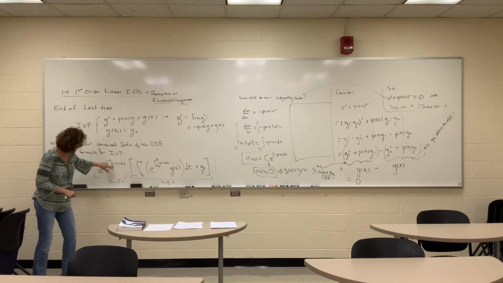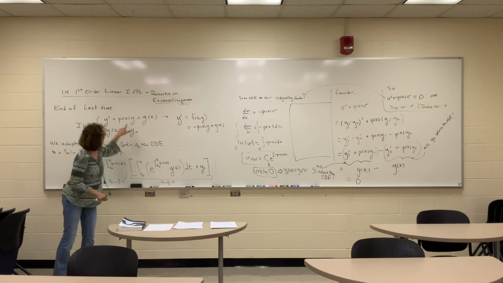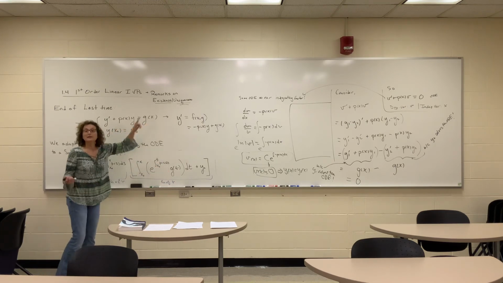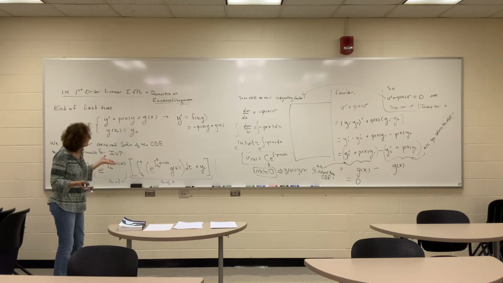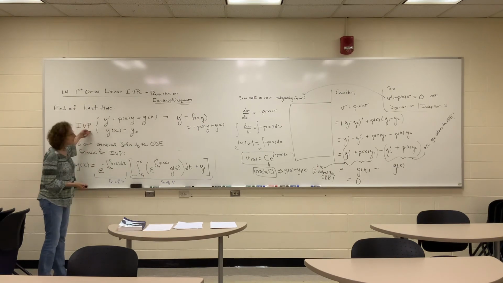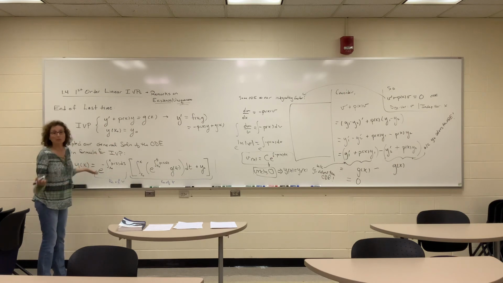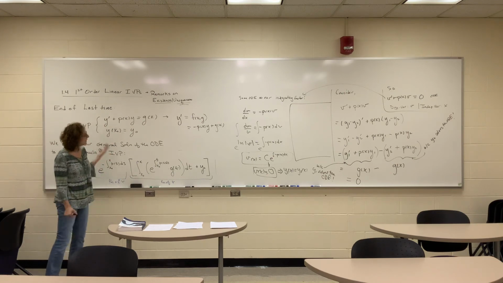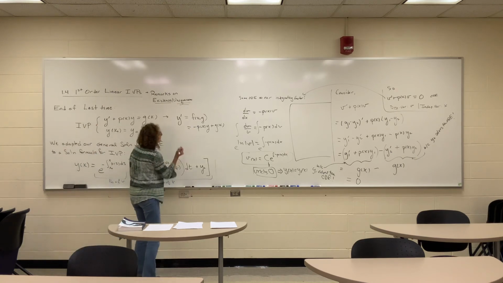So the continuity of these functions ends up being the only thing that determines where our solution of this initial value problem could have problems, right? It could have problems. Just think about this, right?